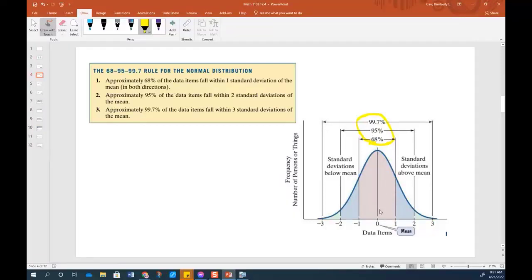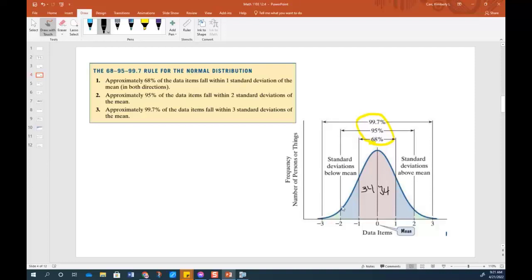We can actually take this information and put particular percentages here, because if this is 68 and it's symmetric, then over here, this has to be 34. So that would be approximately 34%. Likewise, right here, this one has to be about 34%.